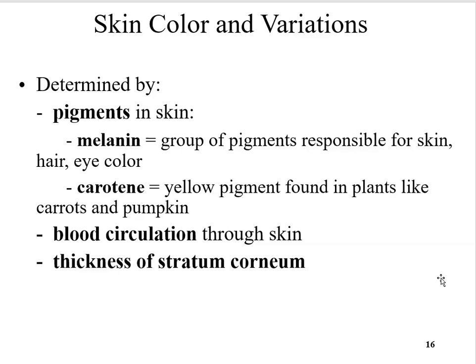Also, blood circulation through the skin can play a role. Blood is red, so due to increased or decreased circulation, that can add a pigment. And then the thickness of the stratum corneum plays a part too.